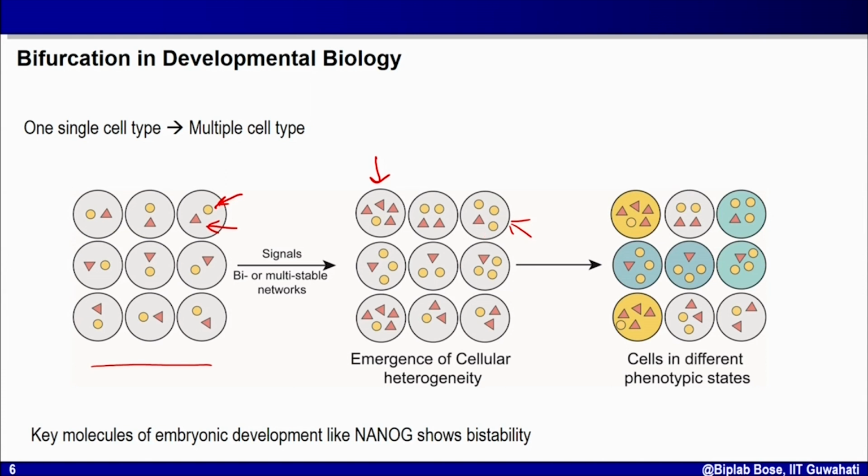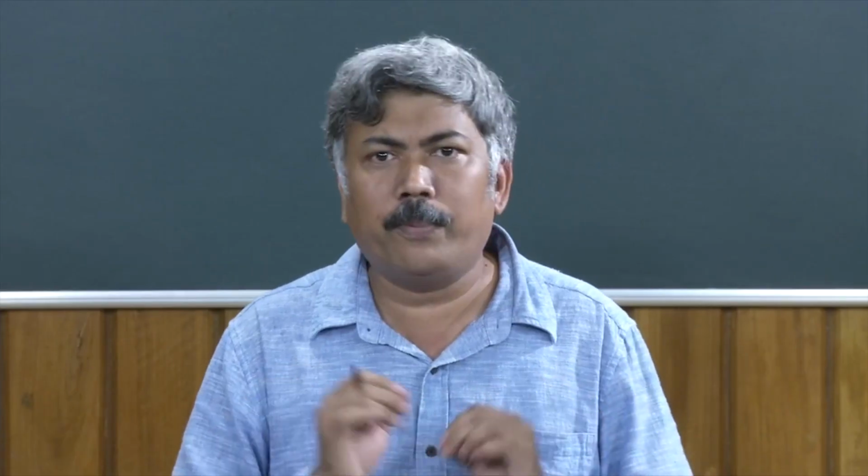So what is happening: from a homogeneous population where most of the cells have almost close numbers of red and yellow protein, as the signal is given and as the system has bistability for both the red and yellow protein, I have two subpopulations now, one having higher red protein and another having higher yellow protein. So imagine this yellow protein and the red protein control differentiation of the cell.